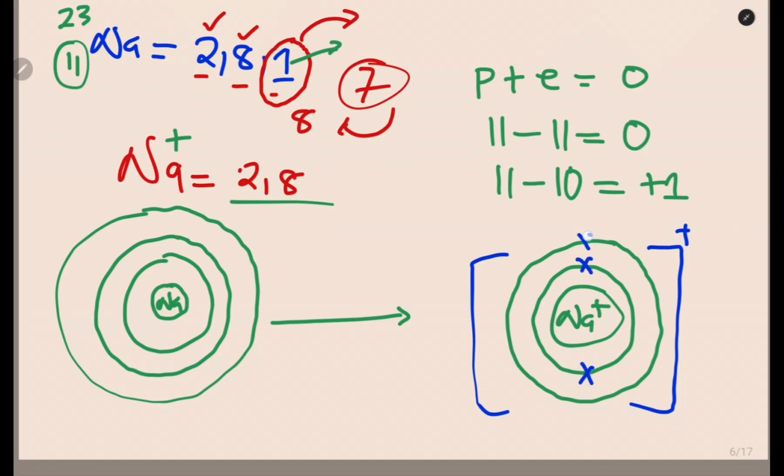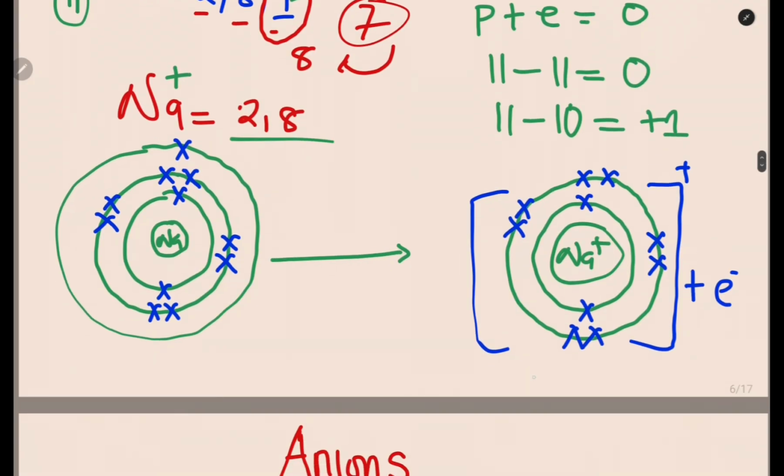Electrons, electrons, electrons, like this. Then just 1 on the outside, then plus electrons. So that is how you present it.